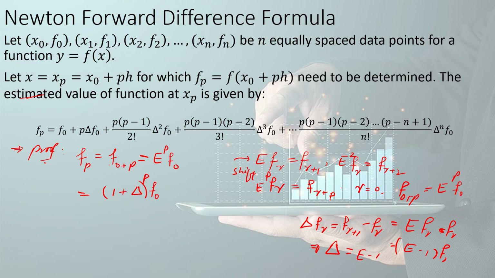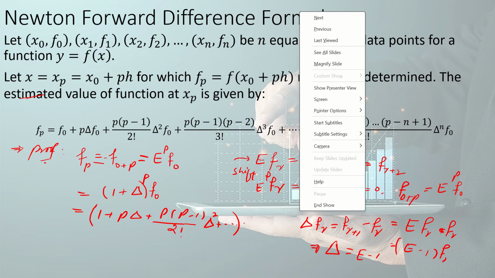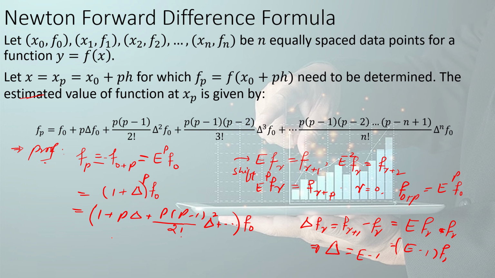Now, using the binomial series to get this expansion, we have 1 plus p del plus p into p minus 1 divided by 2 factorial del square and so on. We will be taking up to n plus 1 terms, and that is applied on f naught.